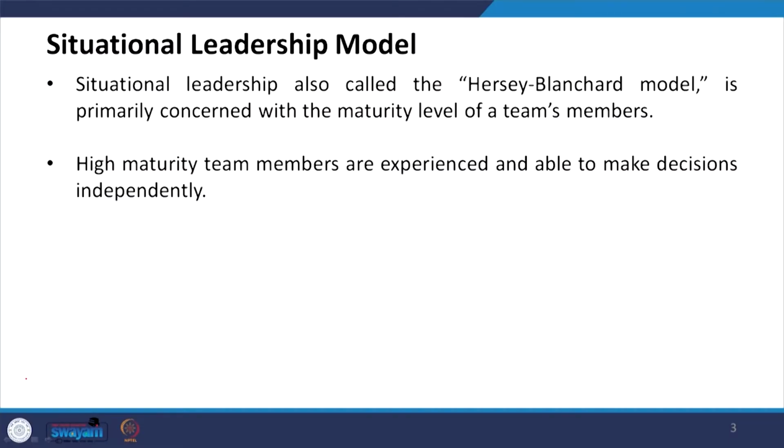Whenever we talk about the situational leadership model, it is also called the Hersey-Blanchard model, which is primarily concerned with the maturity level of the team members. This is one of the models of situational leadership. In the Hersey-Blanchard model, different situations have been considered, and the leader should adopt a flexible leadership style.